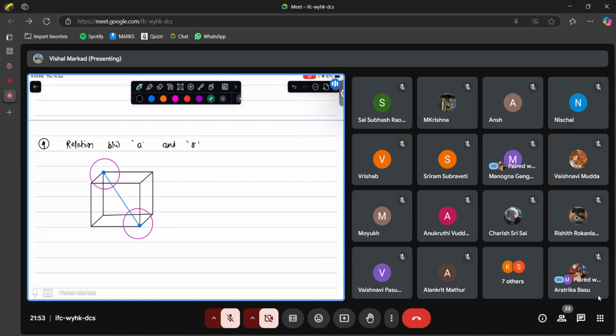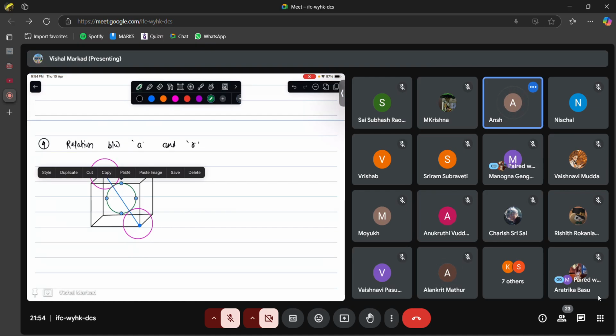And as it is BCC, one sphere will be present at the center also. Yes or no? Are you understanding this? Yes. Okay. How will we find out this distance then? How will I find out the distance?